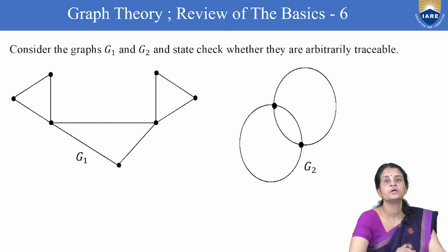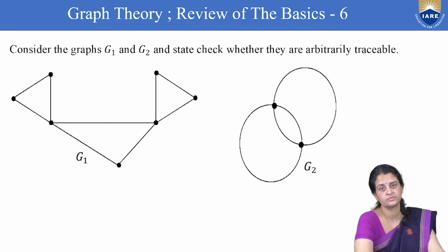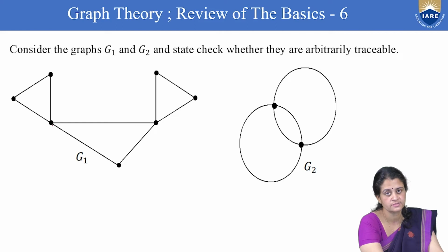Okay. Now consider these graphs G1 and G2. Can we say that they are arbitrarily traceable or not? If I start from this vertex, I can go through this and come through this here. If I take this path, will I get a complete Eulerian trail?